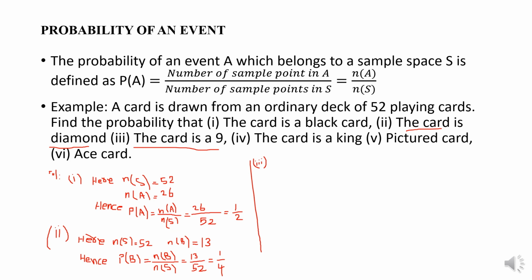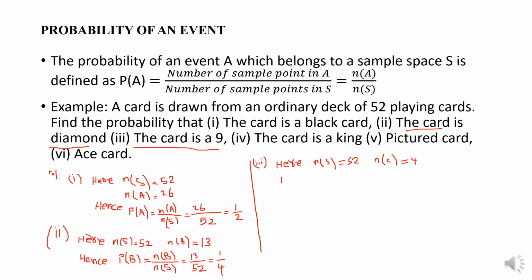So the number of outcomes favorable to the event C is 4. Here the number of S cards is 52 and the number of C cards, the number 9 cards, is 4 in the total 52 cards.